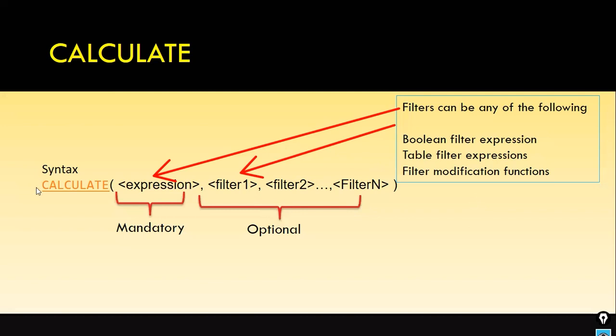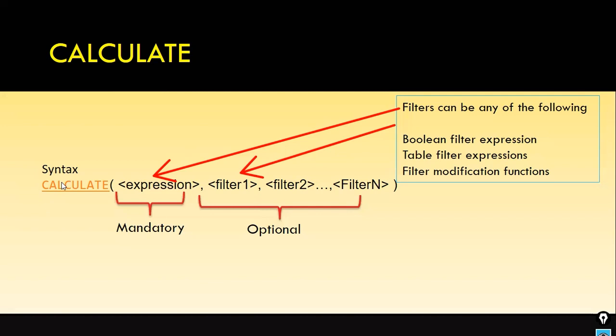As I said, the calculate function is a very simple function. It does complex things. It is one of the most dynamic functions. It helps us add deeper insights to our reports. Essentially, the calculate function allows us to change the context of a calculation within a measure. This is what we discussed.